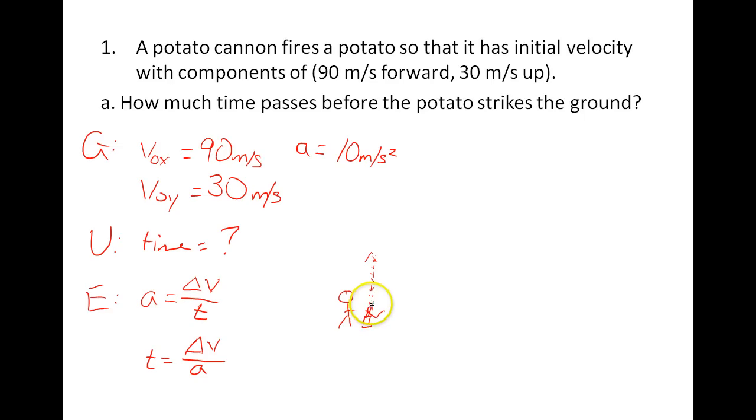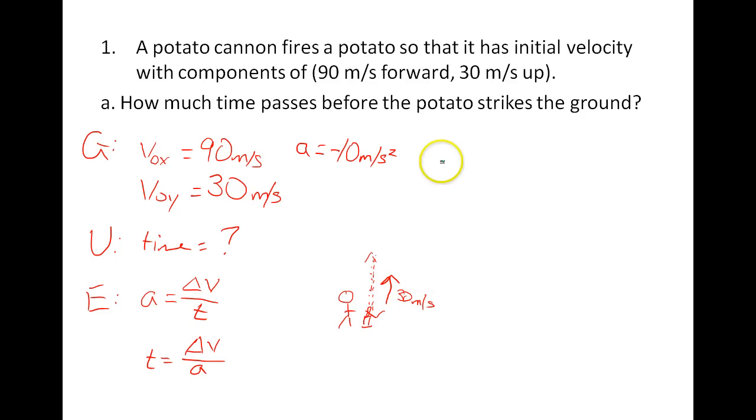We know that it's launched at 30 meters per second vertically, and we know the acceleration is 10 meters per second squared. Now, we need to make sure to know that this is really a negative 10 meters per second squared. So we're going to plug in a negative number to the acceleration here.